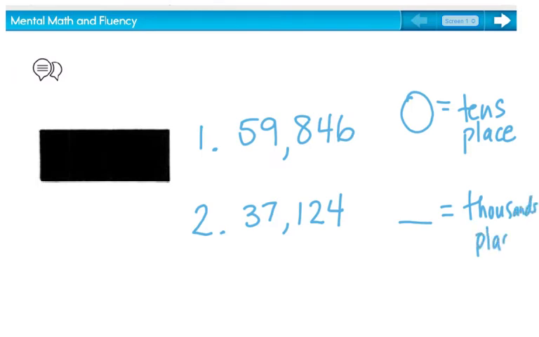So we're just dealing with whole numbers right now. So in number 1, the tens place is the 4, the 2, and the thousands place, the 9 and the 7. Go ahead and erase your whiteboard.